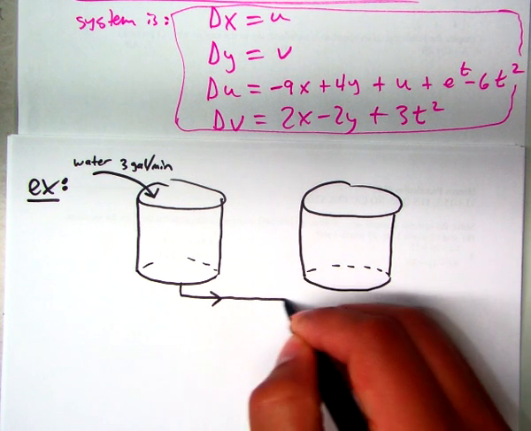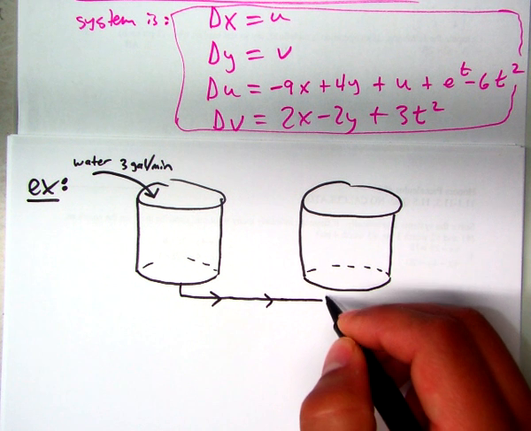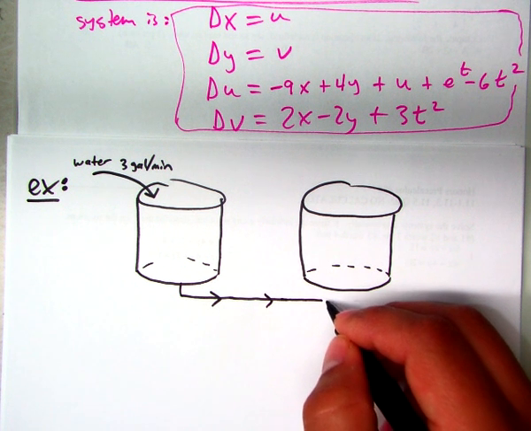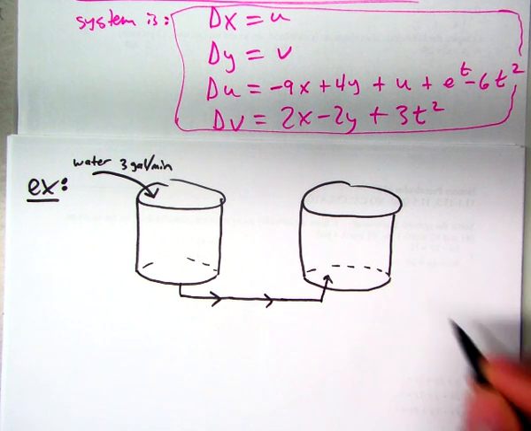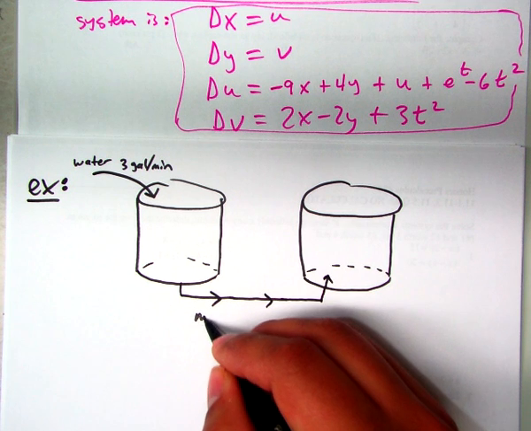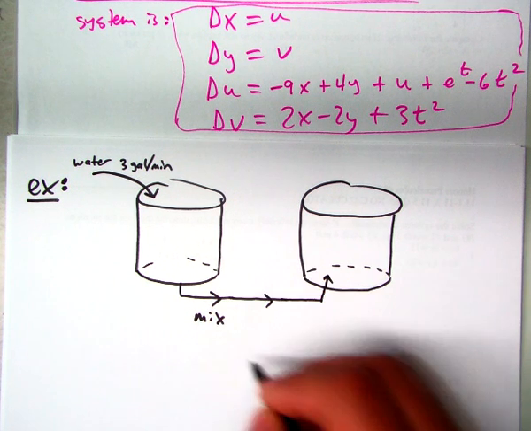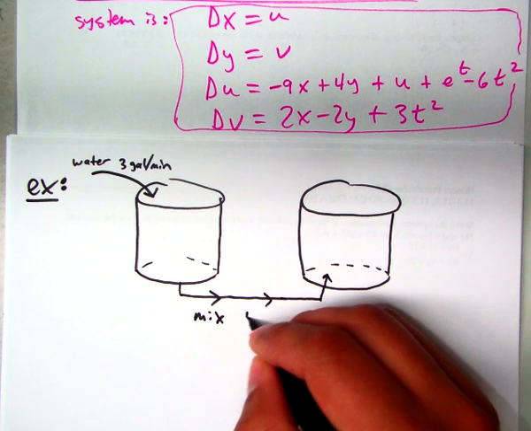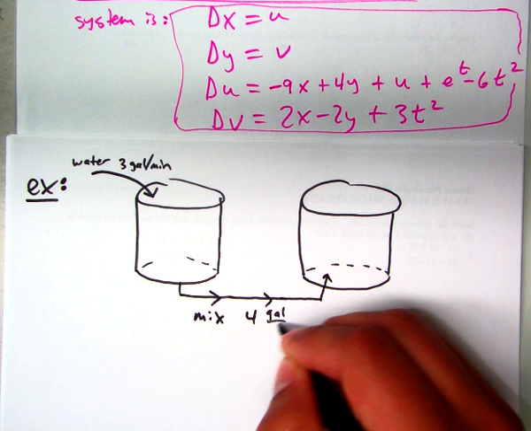Going out and into tank number 2, we have a mix of whatever we had in tank A at 4 gallons a minute.